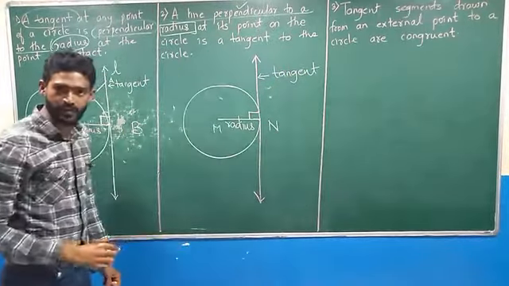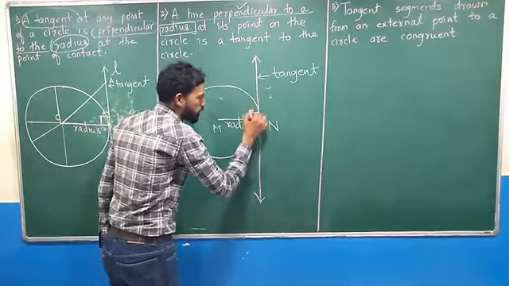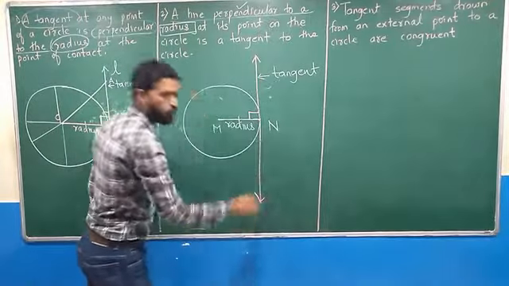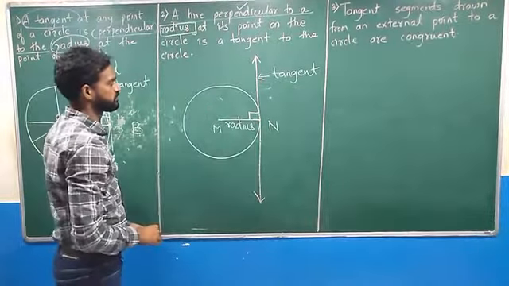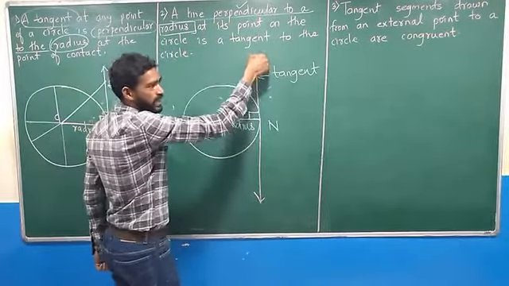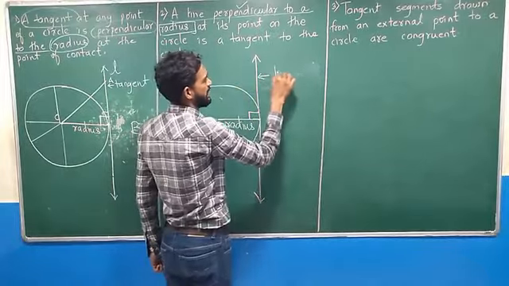Tangent. Clear everyone? What is the condition? If this line is making perpendicular, then such a line is a tangent. Clear everyone? That was the property. Look, a line is perpendicular. So this is my line. It was not tangent earlier; earlier it was just a line.